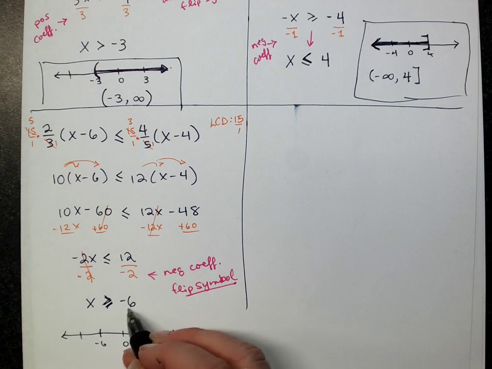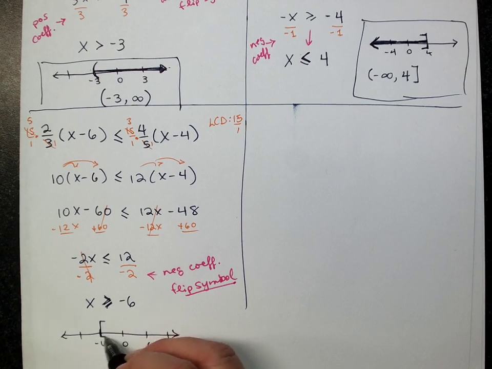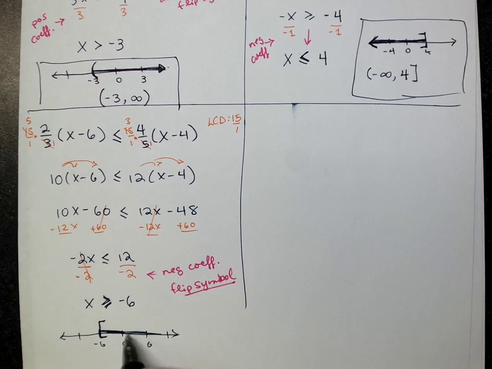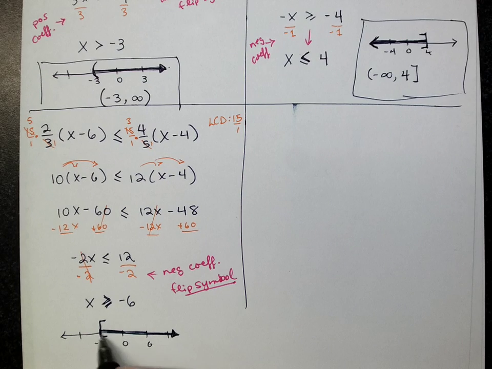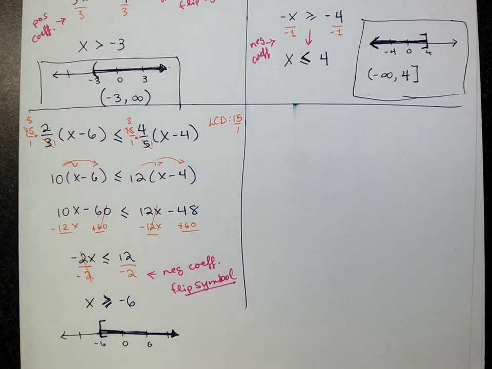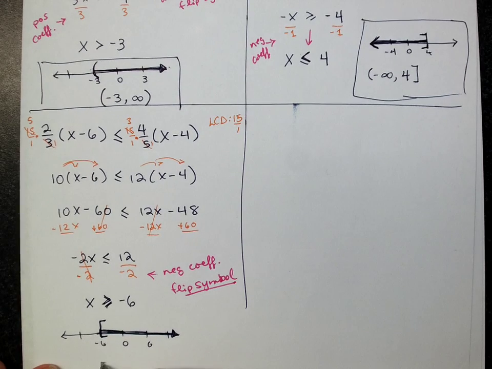So we start at negative 6 as our boundary. It is included because of the or equal to. And we're going up the number line. Smallest value is negative 6. And the biggest value is what? Infinity. Positive infinity. All right.